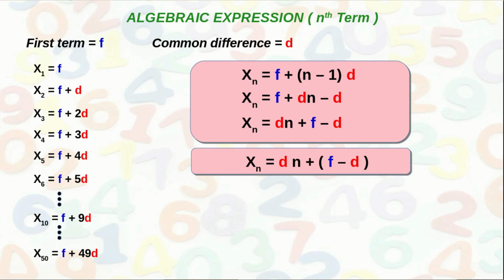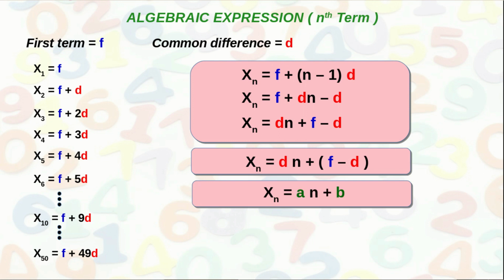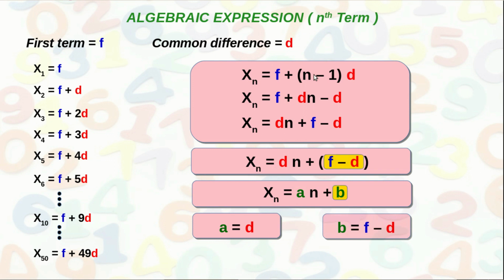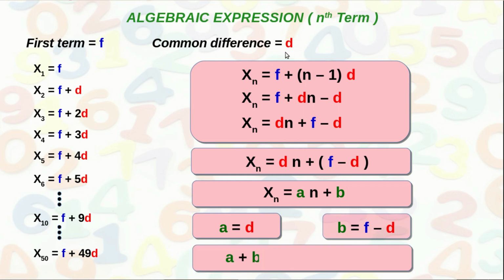In general, we can say the algebraic expression is of the form an plus b, where a is equal to d or the common difference, and b is equal to f minus d. And what about a plus b? a is d, b is f minus d.